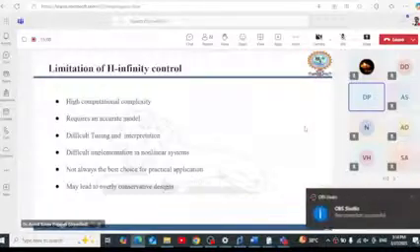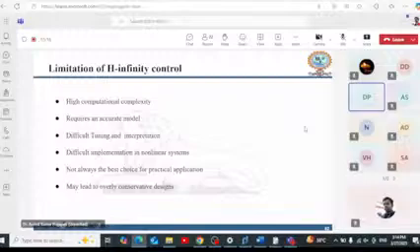Now we can see recent H infinity control formulations. H infinity control is also extended to nonlinear systems by using Hamilton equations.